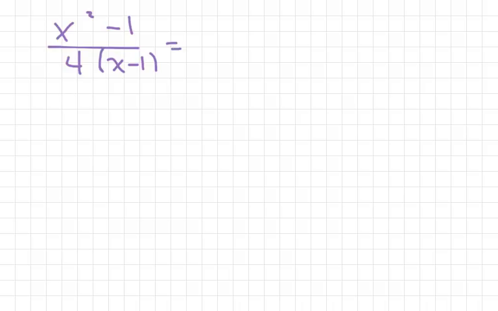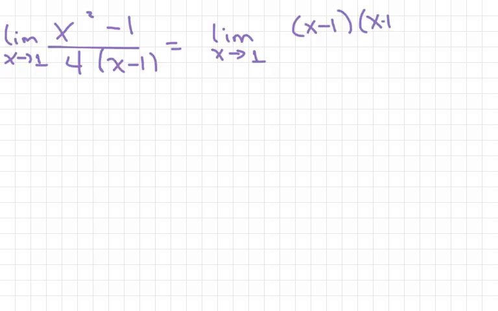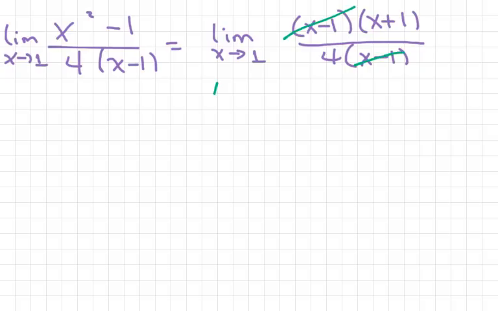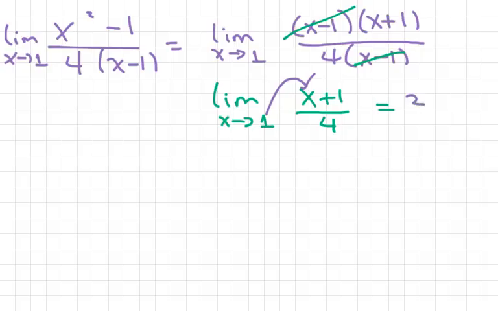The limit as x approaches 1 of x minus 1 times x plus 1 over 4 times x minus 1. We cancel these two and take the limit as x approaches 1 of x plus 1 over 4. You solve this algebraically and plug in the 1, and you get 2/4, which equals 1/2.